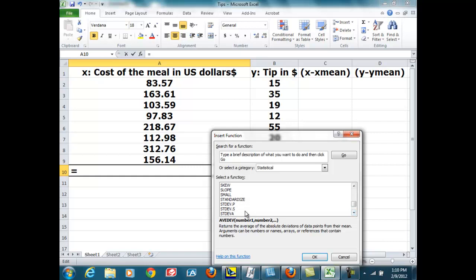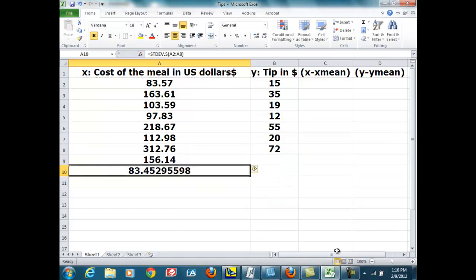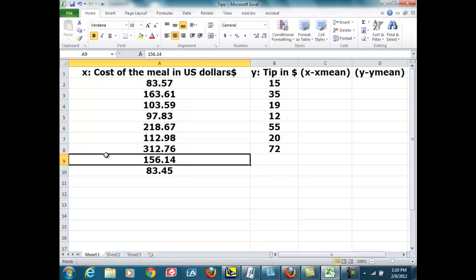And so we are looking at sample standard deviation, and we want it for all these guys, right? So how much is the standard deviation? Well, $83 and how many cents? 45 cents, right? Okay. Everybody clear?